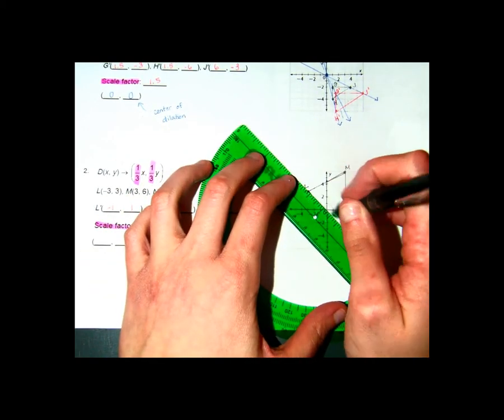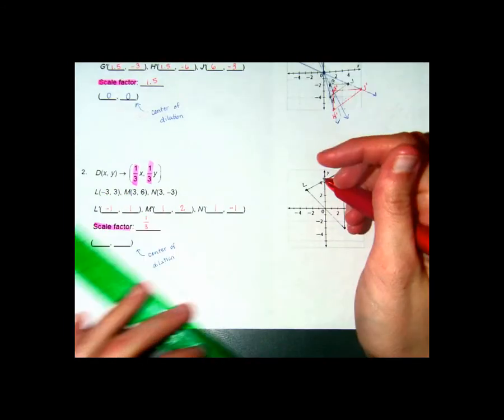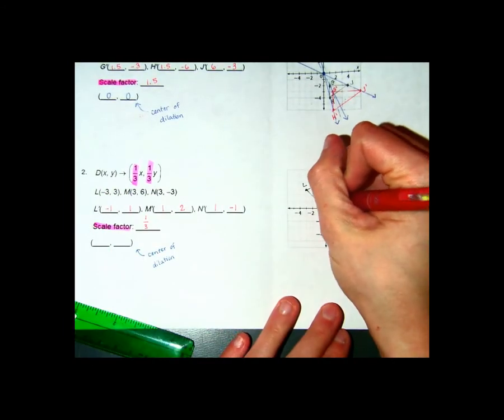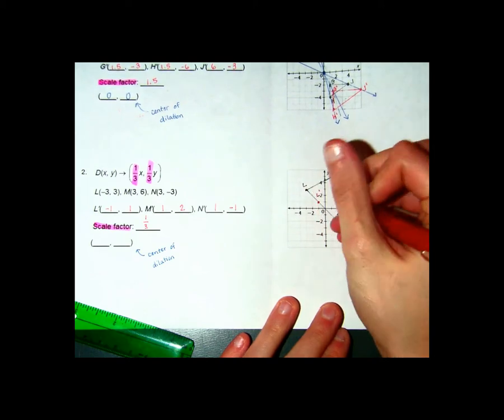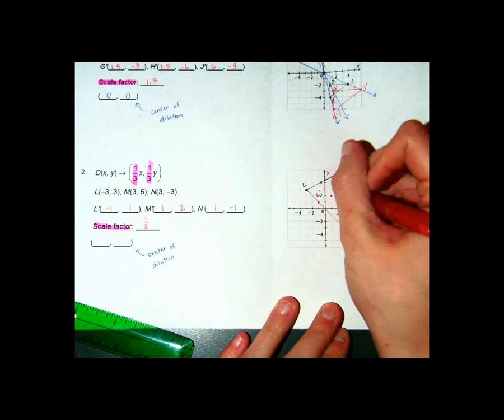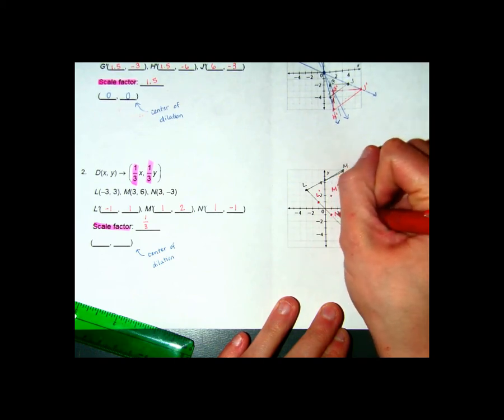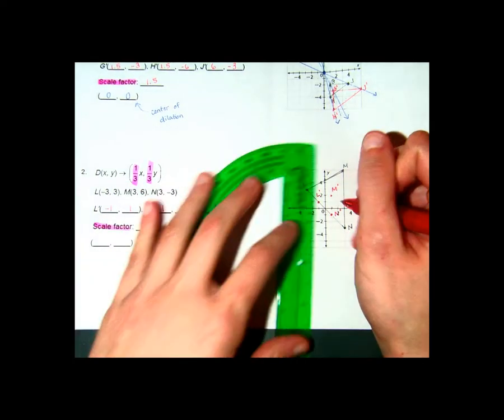And we need to graph the image, which should be smaller because it's less than 1. Negative 1, 1. L prime. 1, 2. M prime. And 1, negative 1. N prime. Draw that one.